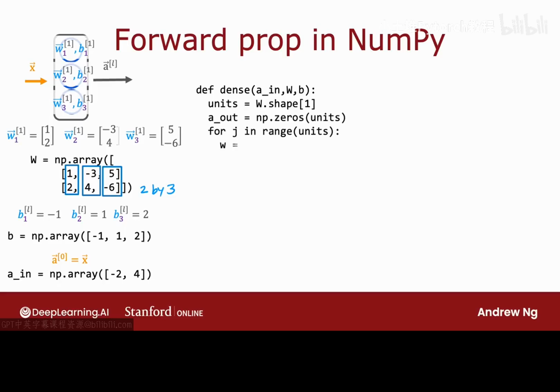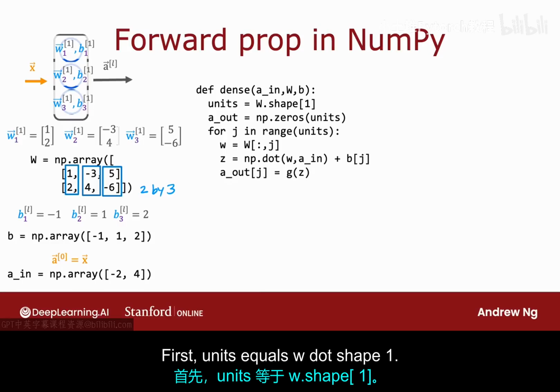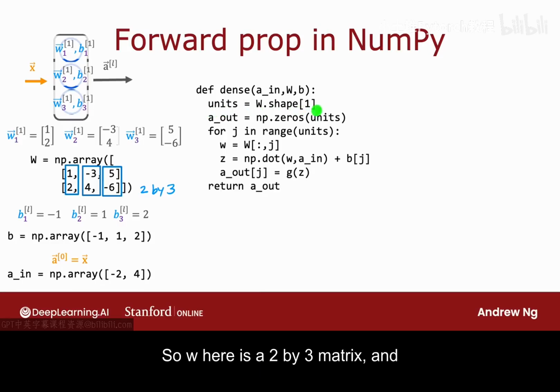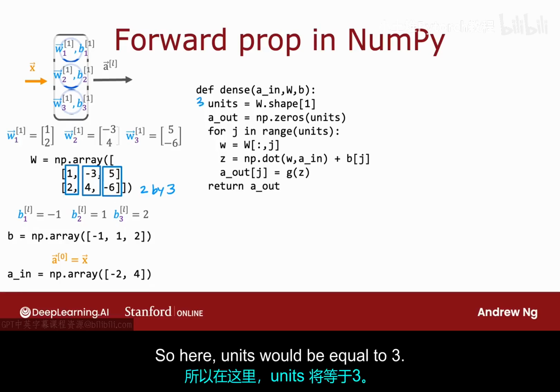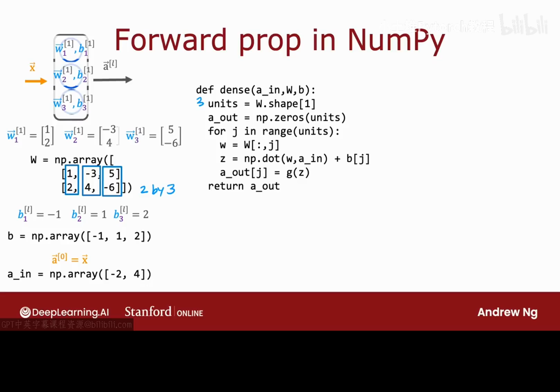So let's step through the code for doing this. Here's the code. First, units equals W.shape[1]. So W here is a 2 by 3 matrix, and so the number of columns is 3. That's equal to the number of units in this layer. So here, units would be equal to 3.